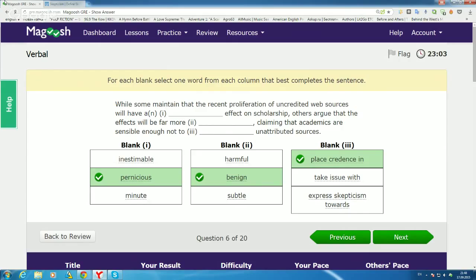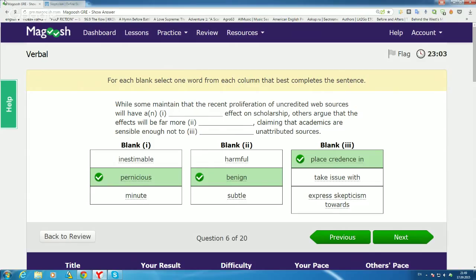No. Claiming that academics are smart enough not to express doubt toward unattributed sources. Does that make sense? No. Why? I want you to use your words. Explain this to me in English. Don't express doubt means they don't have doubts about it. They don't have doubts, and that doesn't make sense.